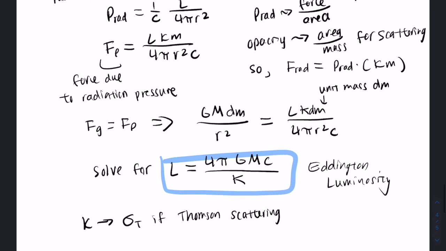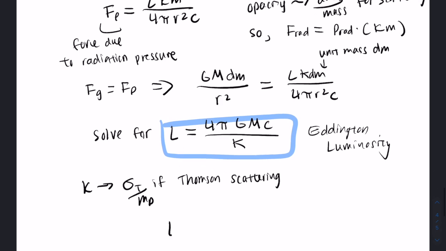The reason for that being that that's the mass element. The protons are going to be most of the mass because they're about 1,800 times more massive than electrons. So they're going to be the objects of the stellar atmosphere that could potentially be lost in a flow if radiation pressure was too strong. So kappa is going to be sigma T over m_p.